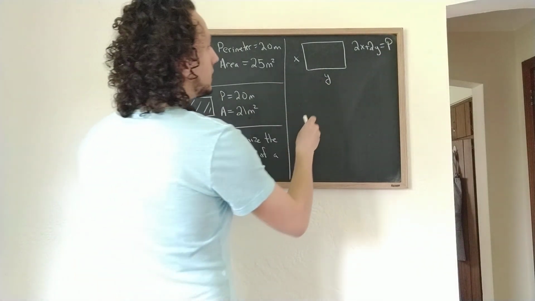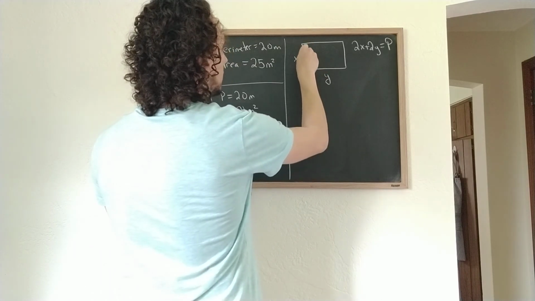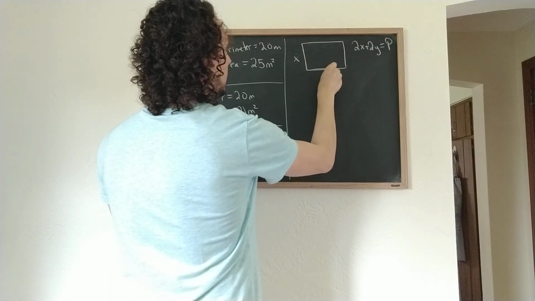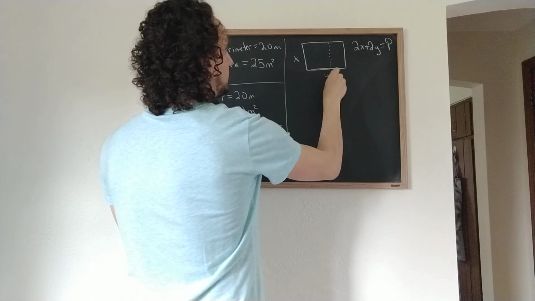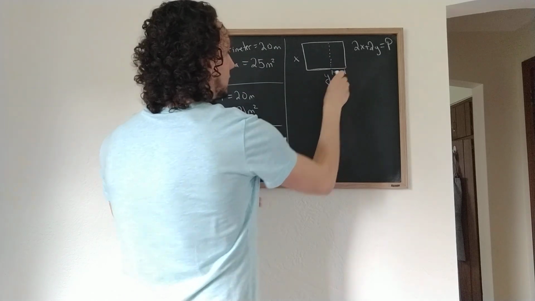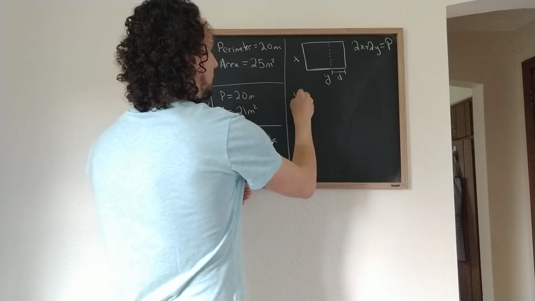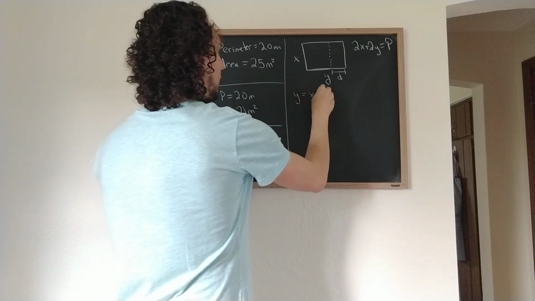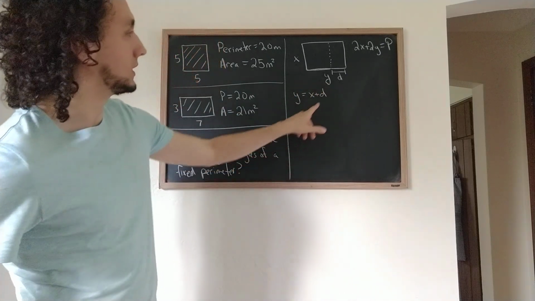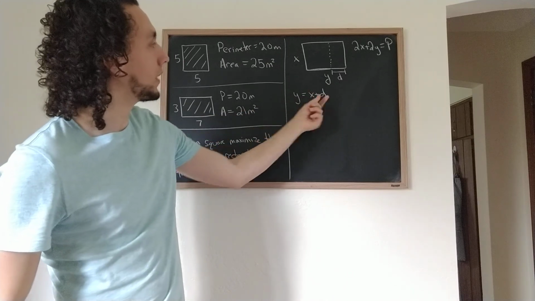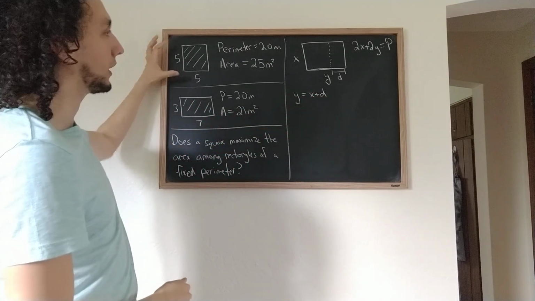Now it's going to be convenient for me to draw this by sectioning off this amount d here, which is the amount that y is more than x. So in the special case where d is equal to 0, that means that y equals x and we have a square.